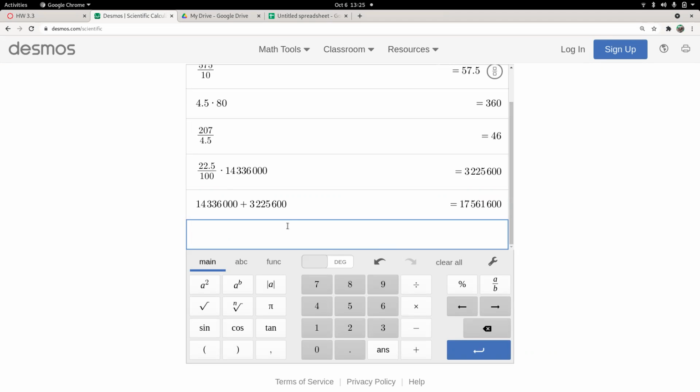Now I also have a formula. The formula said to take 322,560 times the number of years that went by, plus the amount in 2008, the 14,336,000, and they match. Whew. I did it right.